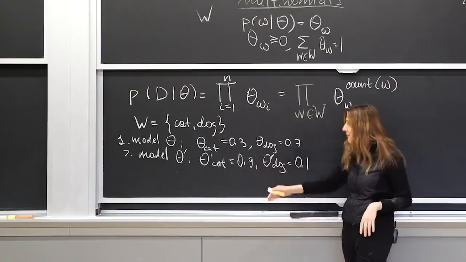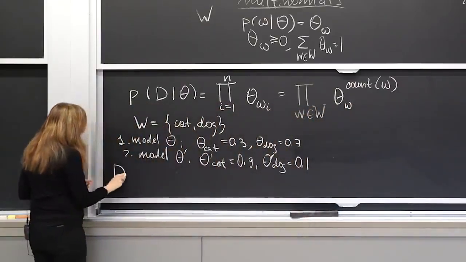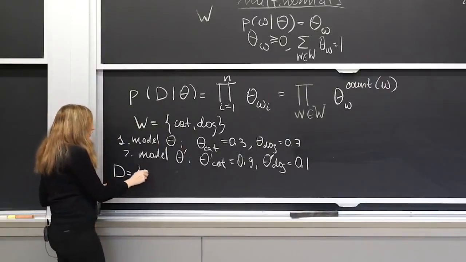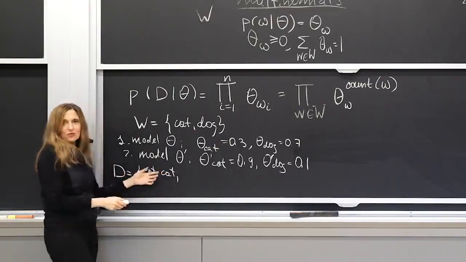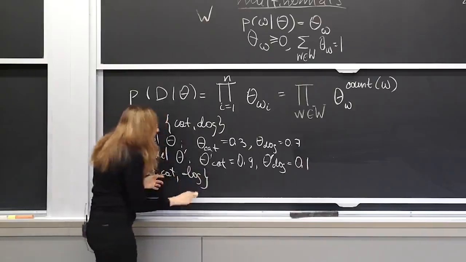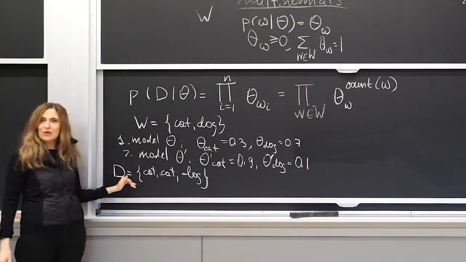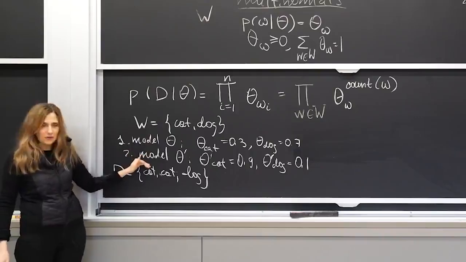It will prefer cats. So now assume that I give you a document D, and this particular document will have 2 cats. Okay, it has two words, cat and cat, and then it has dog. And what we can do, we can now compute the likelihood of this document being generated by the first model or by the second model.